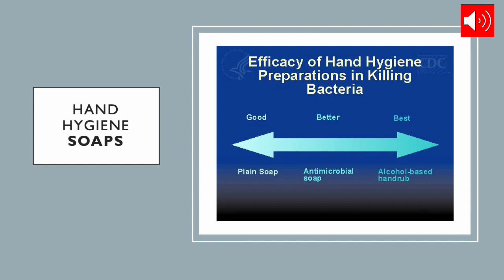But in killing bacteria, alcohol-based hand rub is actually the best. And just remember that antimicrobial soaps and other hand washing soaps, their job is mostly to rinse the bacteria off of your hands, not necessarily killing it.